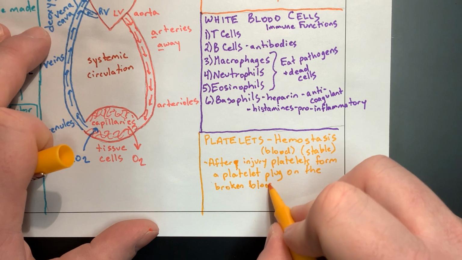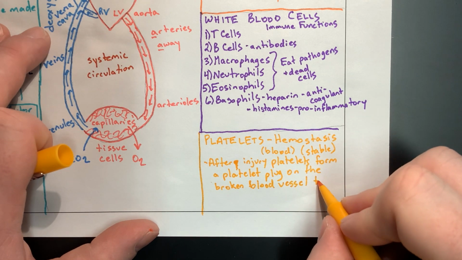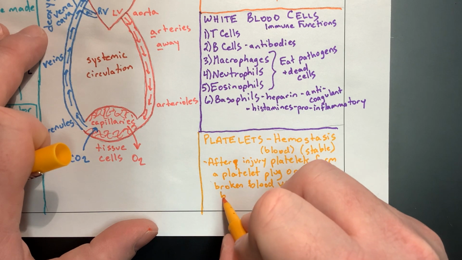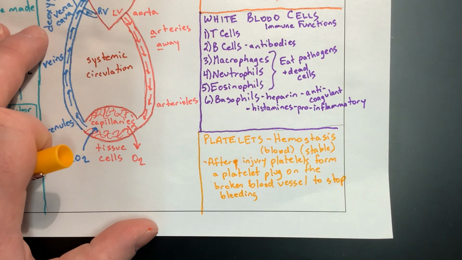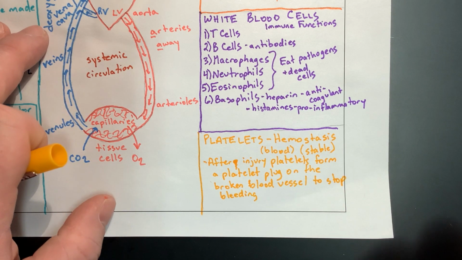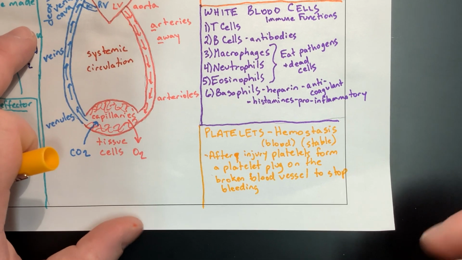What this does is it helps to stop bleeding. It's keeping your blood stable in your body by keeping that blood from leaking out, whether that's outside of your body or into cavities in your body if there's internal bleeding.